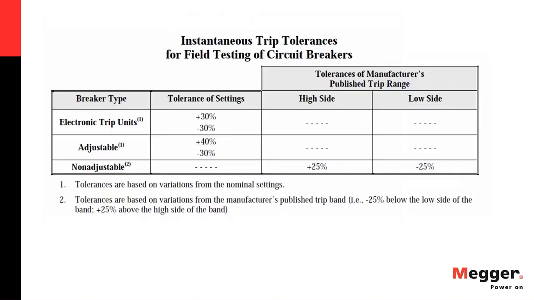And they give you also guidelines for tolerances. I took this directly from the standard. And there you can see non-adjustable. That's a typical molded case circuit breaker that doesn't even have a multiplier. 30 amps, 75 amps, 125 amps in that area. So you have a plus-minus range for your band.